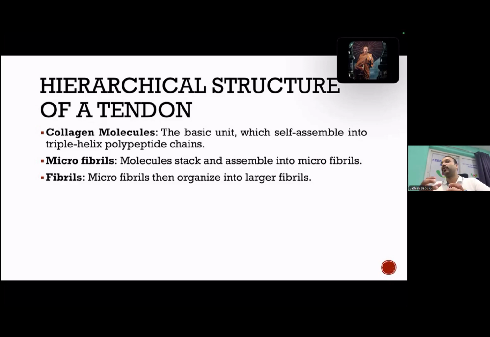The force is distributed a little unevenly. That makes it very difficult for the tendon to transmit force, and sometimes it creates re-injury also. That's why it is very difficult after a hamstring tendonitis or Achilles tendinopathy. This microfibril and fibril deposition is very important for us.